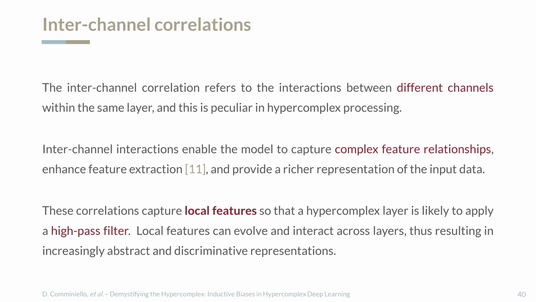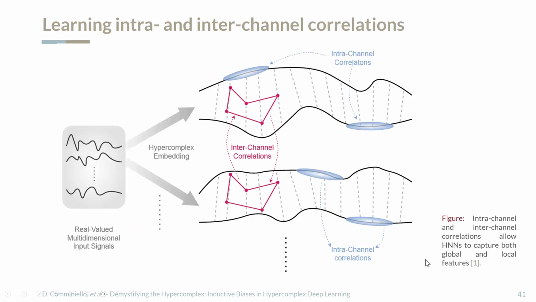Those are correlations in common, local features that can be found in different channels and are very difficult to be captured by real-valued models or fusion architectures and so on. So it is like having a kind of high-pass filter for the channels, and we can have local features that result in increasing the quality of the representation.